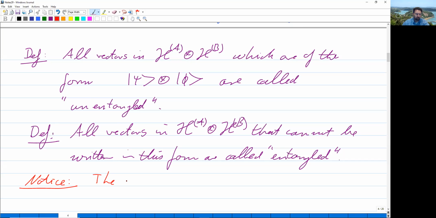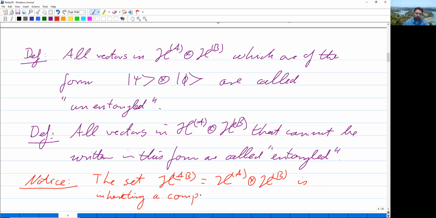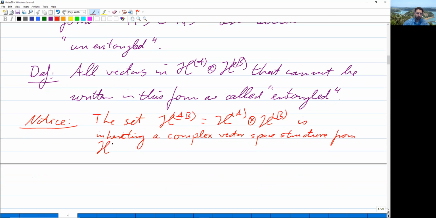Now we notice that the set HAB, which is by definition HA tensor HB, is inheriting a complex vector space structure from its constituents, namely from HA and HB.